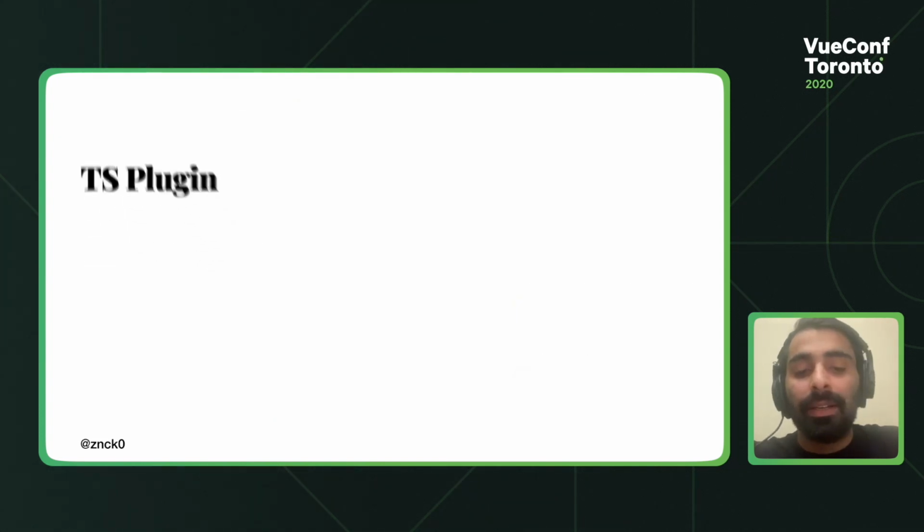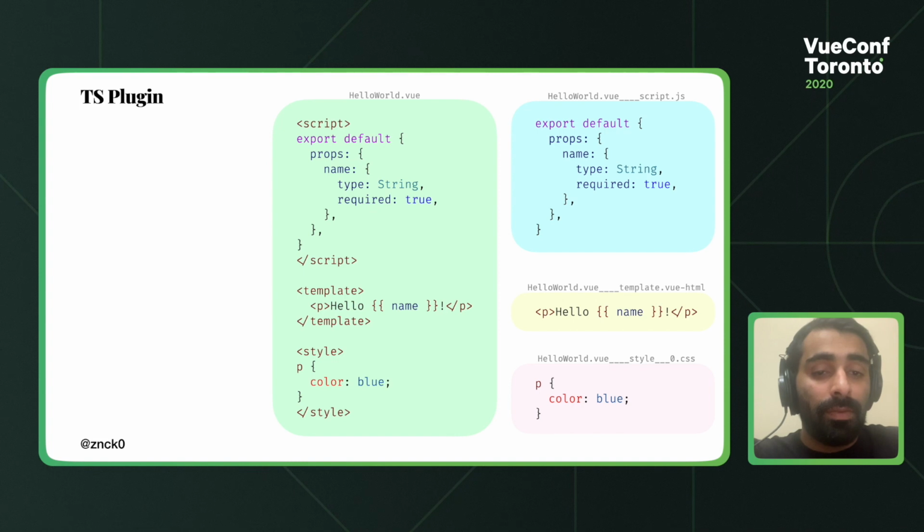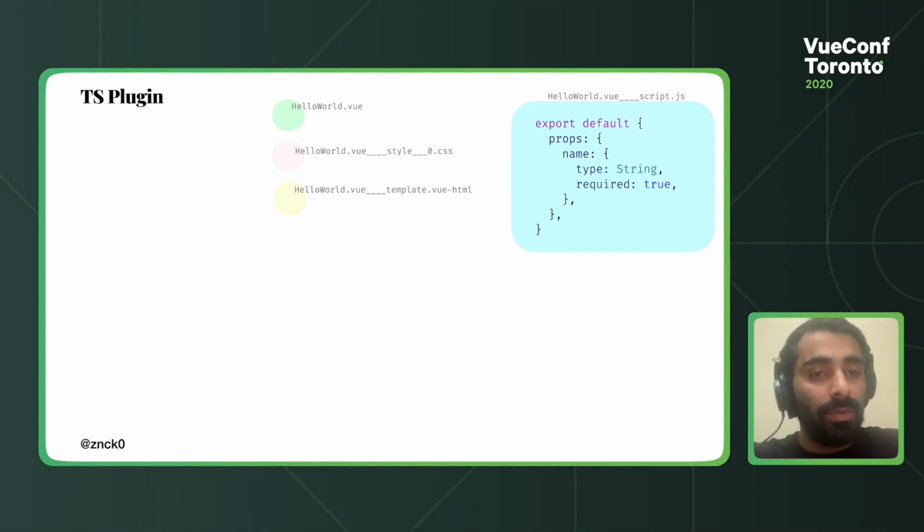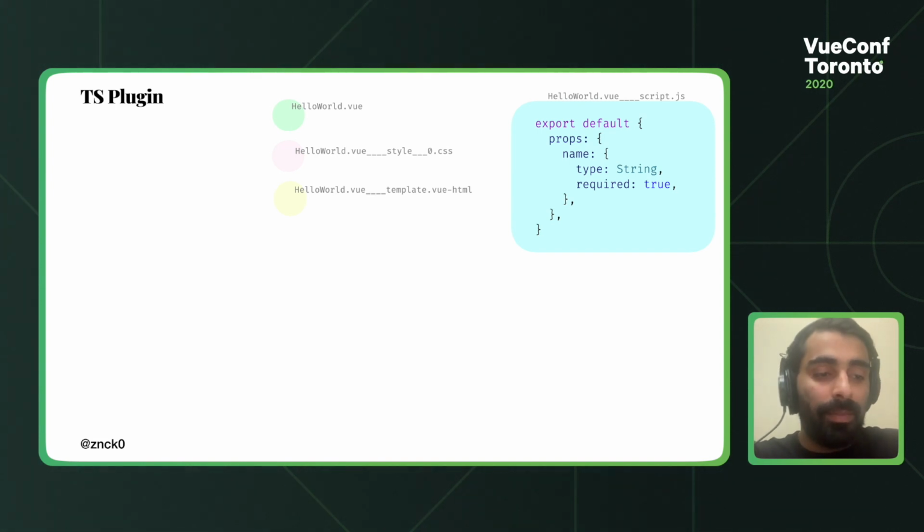Let's look at the TS plugin. So we have a Vue file and its internal files. TS plugin works with TS, so it understands either TypeScript or JavaScript. So the .vue file, the HTML file, and the CSS file are not useful for us. We have this on the script file, but we want IntelliSense and all the TypeScript functionality in the template block also.